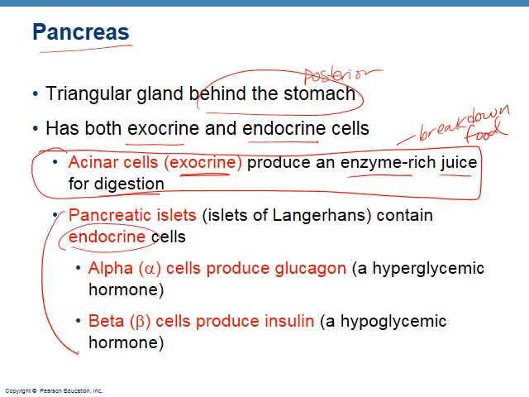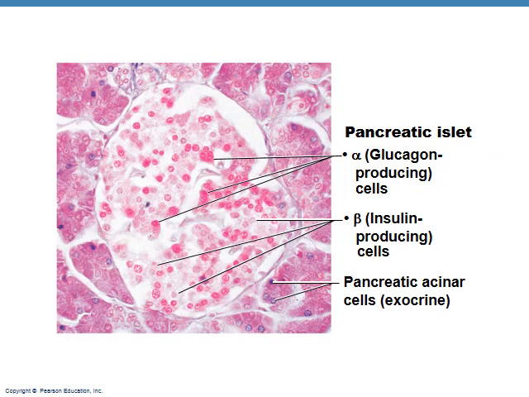So we have something called the pancreatic islet, and in it you have alpha cells and beta cells. What I usually do is when I look at this, I think A comes before B, so G comes before I. Sometimes we get these mixed up, so that's a nice way to look at it. So here is the pancreatic islet.